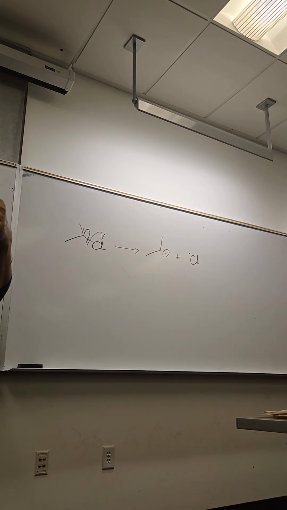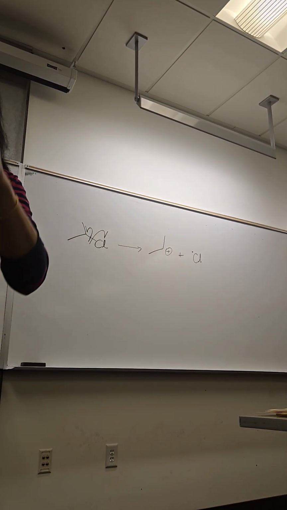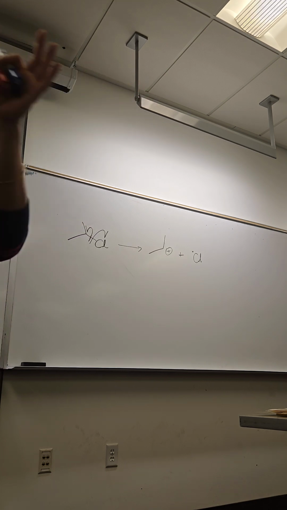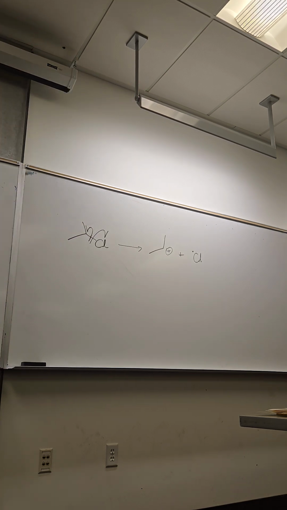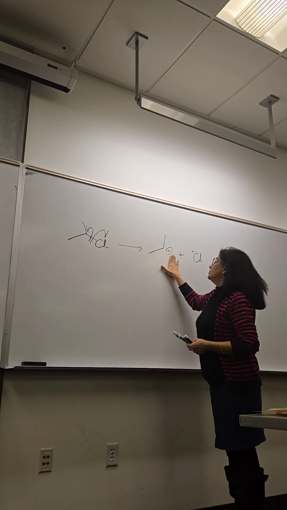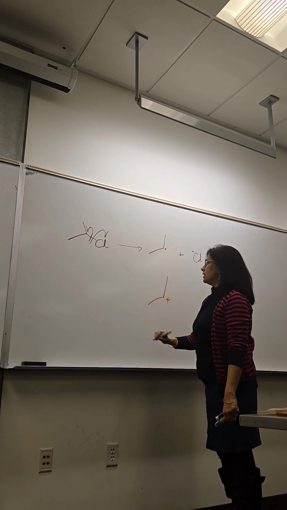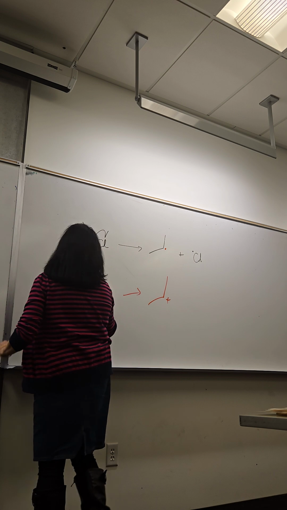Either they will create radicals or they will use radicals, but no ions. If there are radicals, you cannot have ions, and if there are ions, you cannot have radicals. They don't go in the same reaction. They're separate things. So if that were happening, that's not possible. What should it be? A radical. But if you wanted a carbocation, then your arrows need to change.